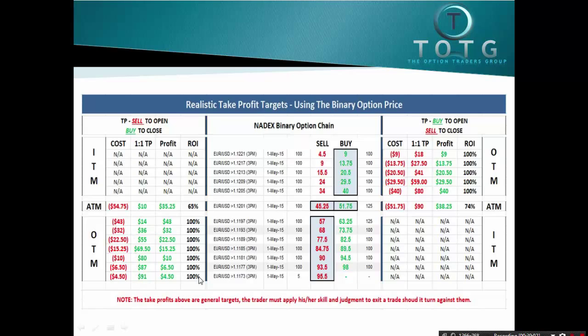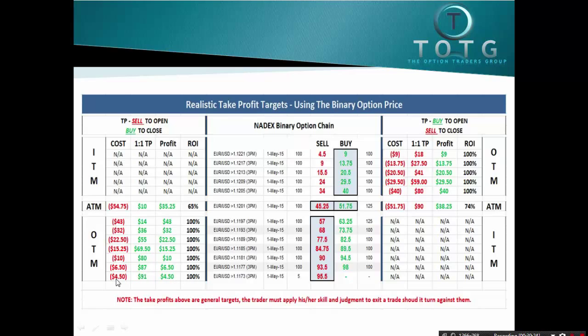Now you look at this one, it's a $95 contract. Again, this is your low probability. Remember, it's about a 5%er. But anyway, your cost on that trade is $4.50. What are you targeting there? You're targeting $4.50, your 1-to-1. That is your 100% ROI.